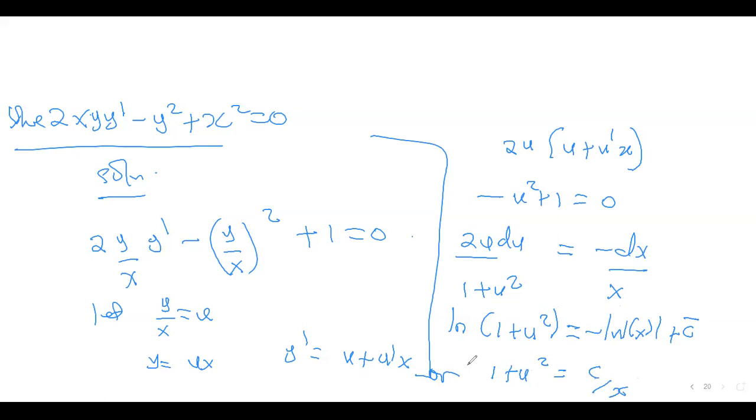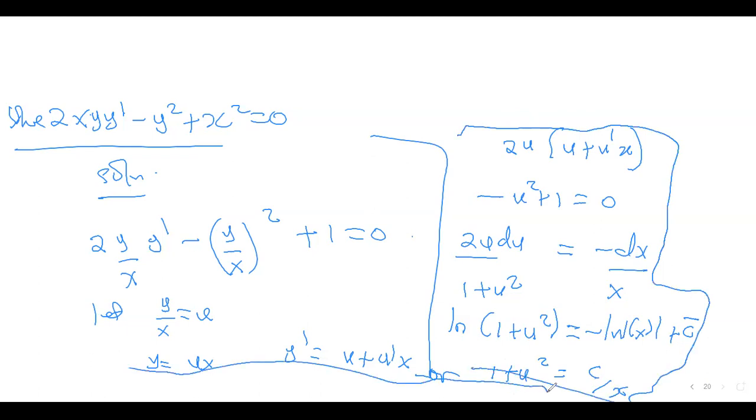And when you make a substitution, your final solution will be something like x squared plus y squared equal to cx. Or simply, when you carry out completing squares, you'll find out that you have (x minus c over 2) squared plus y squared equal to c squared over 4 after completing squares.